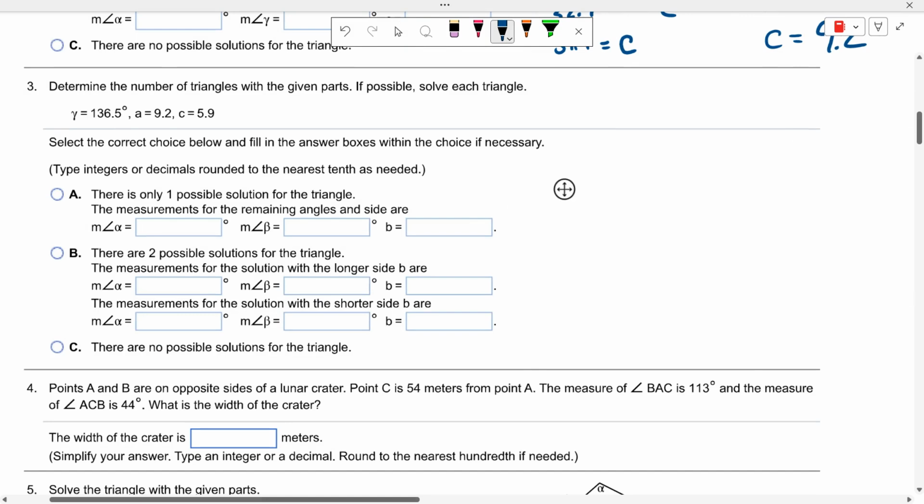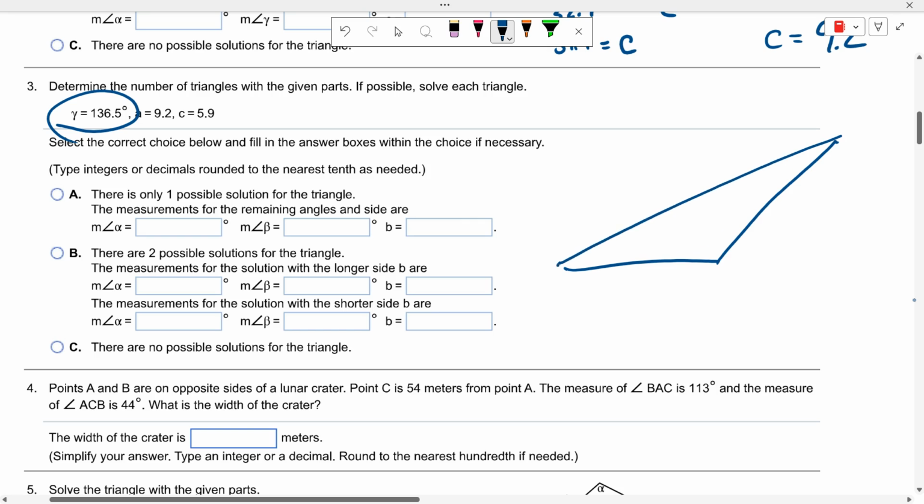So for this one, instead of drawing two triangles right away, I see right off the bat I have an obtuse angle. So if I have an obtuse angle at the start, how many triangles at most can there be? One. So if this is 136.5 and it's gamma, C is opposite of that is 5.9, and A is 9.2. So if we put alpha there, A is 9.2.